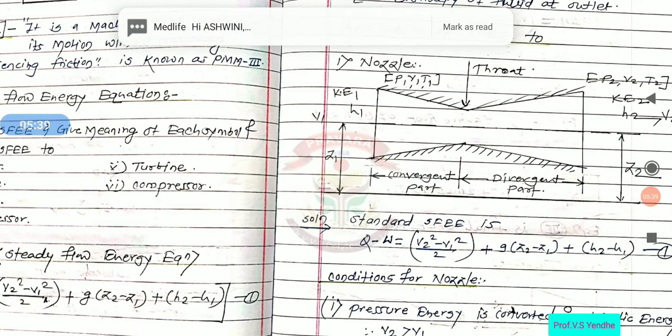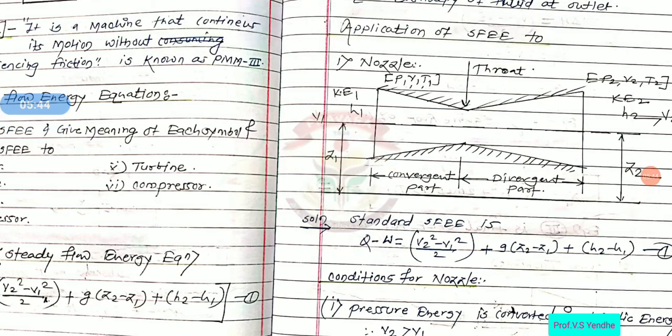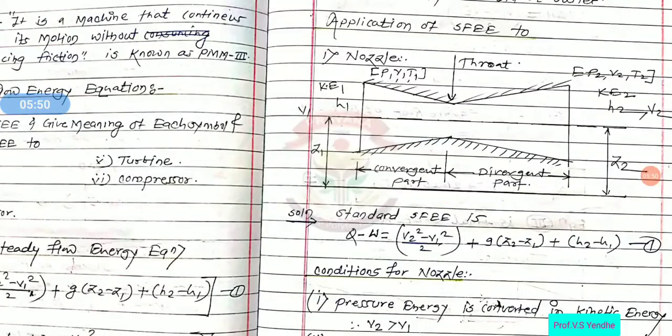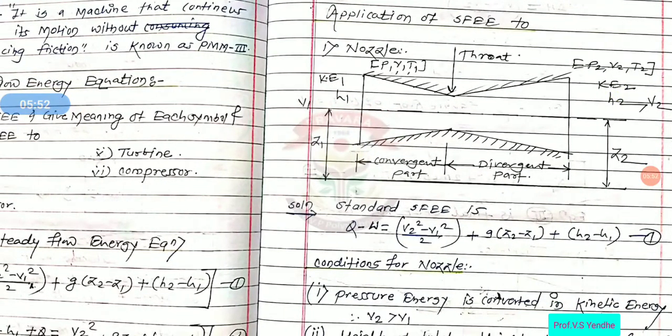Then we see the kinetic energy at the inlet, KE1, and kinetic energy KE2 at the outlet. The inlet parameters are P1, V1, T1, then enthalpy H1, and the velocity of the fluid or the steam, V1.